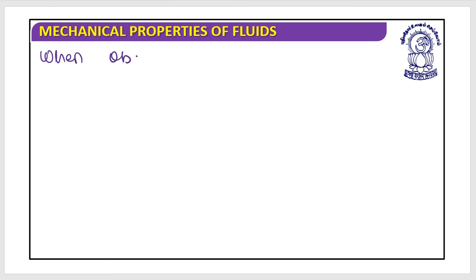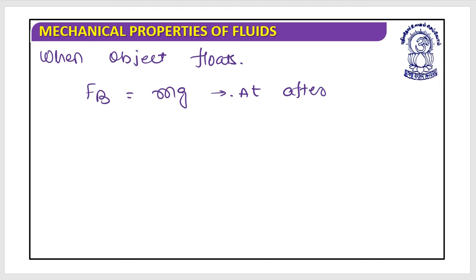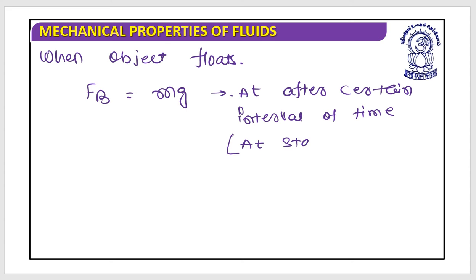When the object floats, I can write FB equals mg. This is what we write after a certain interval of time, or we can say this is the statement at the stable situation.